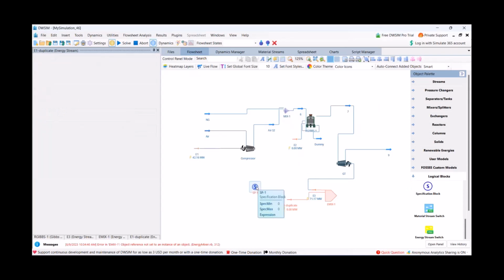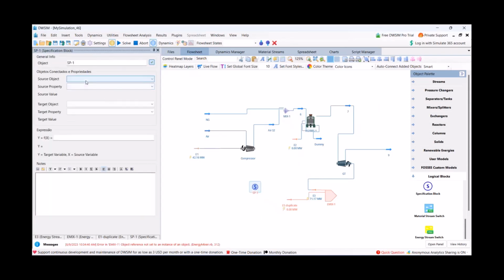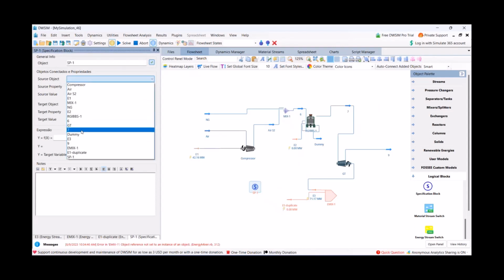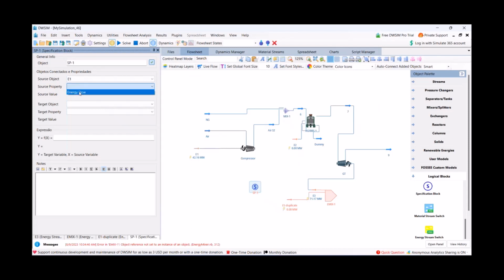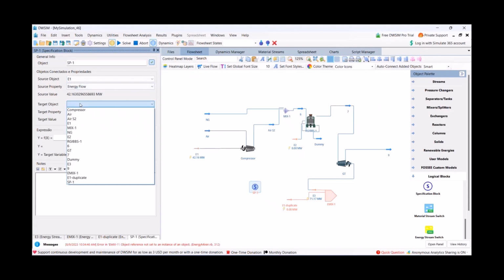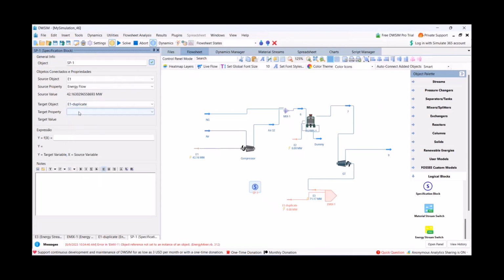So our source object is E1 from the compressor, and the source property is energy flow. And our target is E1 duplicate, and the target property is also energy flow. So Y means the target object should be equal to minus X. So minus 42 megawatt will be there.